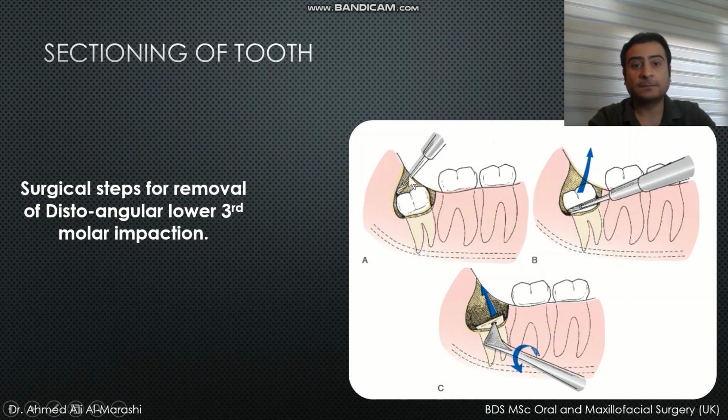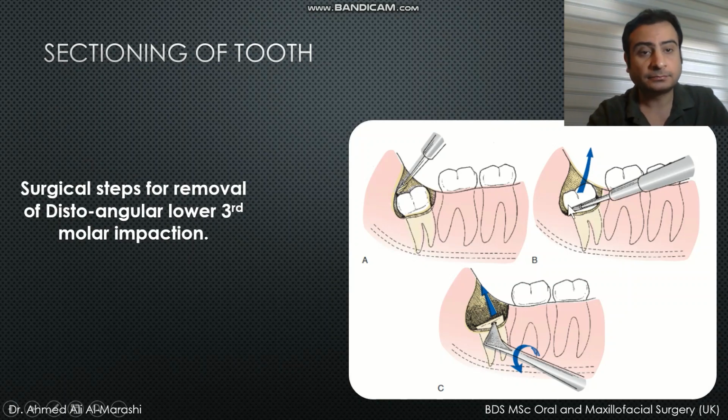A distal angular also needs bone removal from the occlusal side as well as from the distal and buccal side. In the distal angular tooth, this is the most difficult situation we encounter because the line of withdrawal will run within the ramus. So an extensive amount of bone needs to be removed and the whole crown needs to be sectioned.